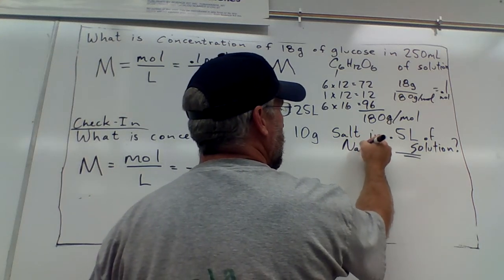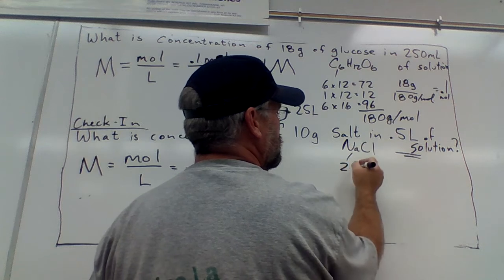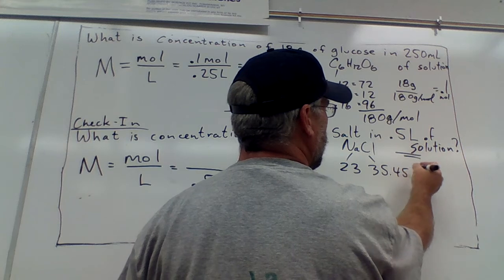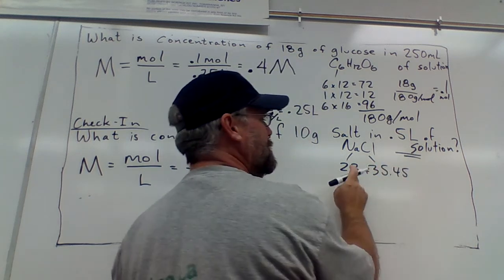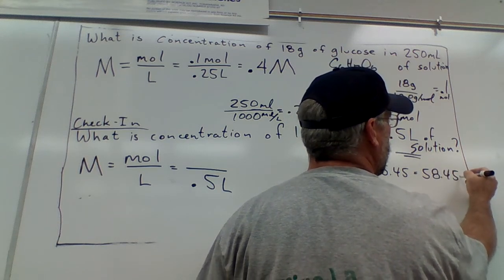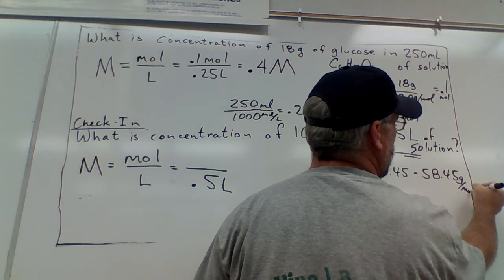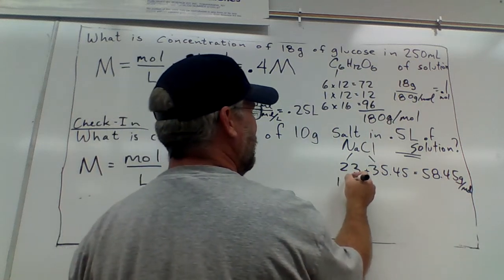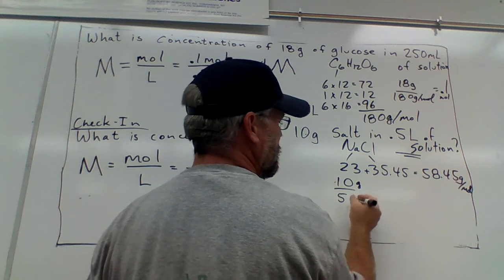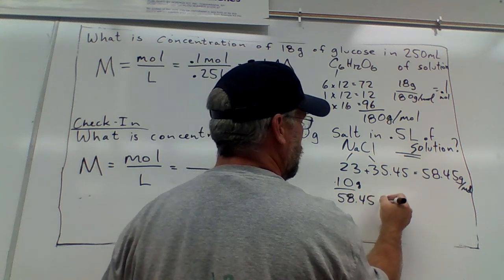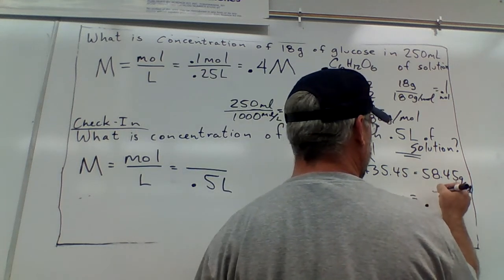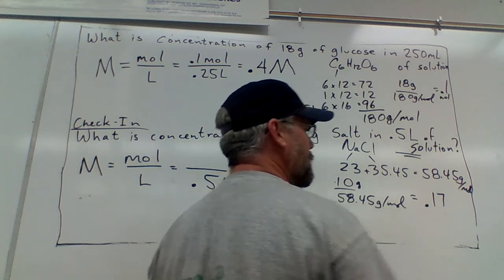Salt, again, is NaCl. Sodium is 23. Chlorine is 35.45. If I add those together, I get 58.45 grams per mole. Then I take 10 grams and divide by 58.45 grams per mole, and I end up with, I believe it was, 0.17 moles.